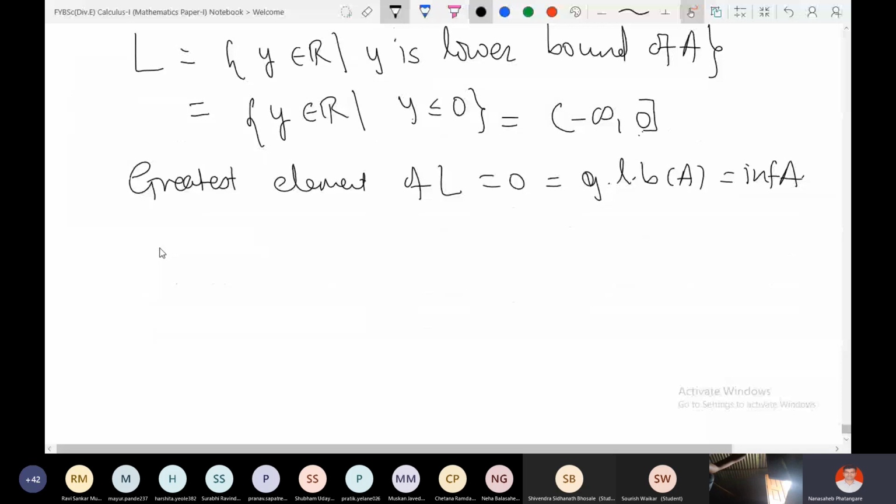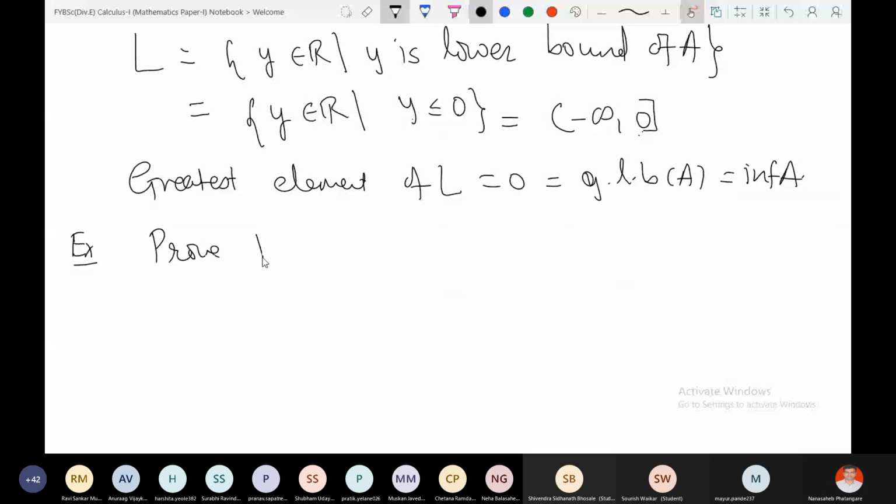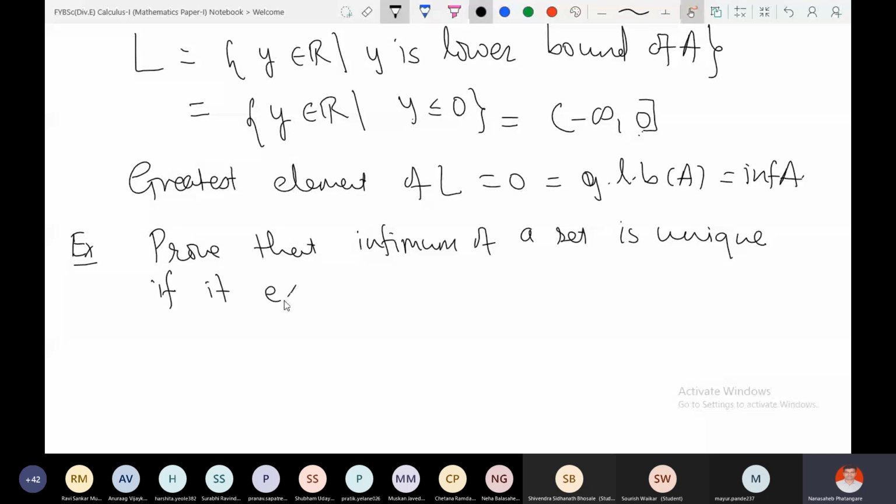So prove that: the infimum of a set is unique if it exists. By the same logic, you should prove it. Analogously, you can write down the proof. If the infimum exists, it is unique.